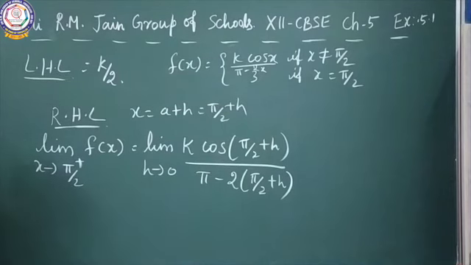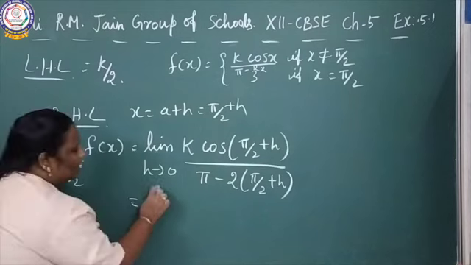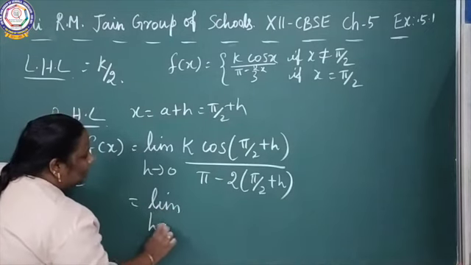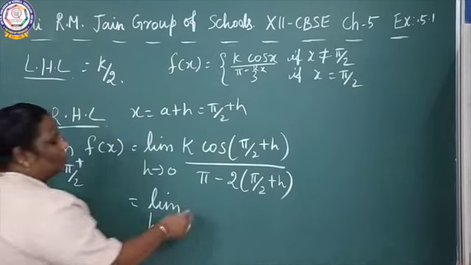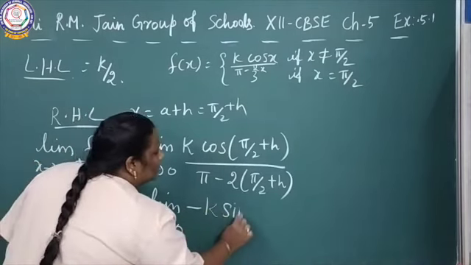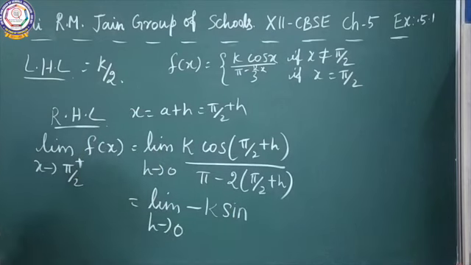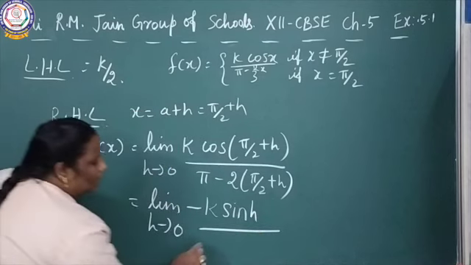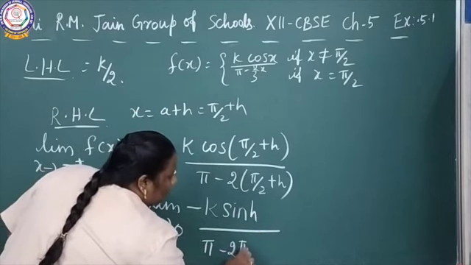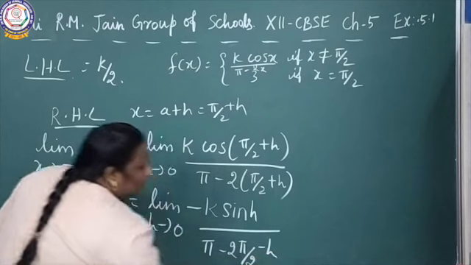It gives limit h tends to 0, cos of 90 plus theta. It lies in the second quadrant, so minus sin theta, minus sin h by pi minus 2 into pi by 2 plus h.